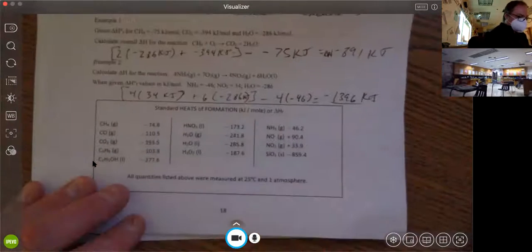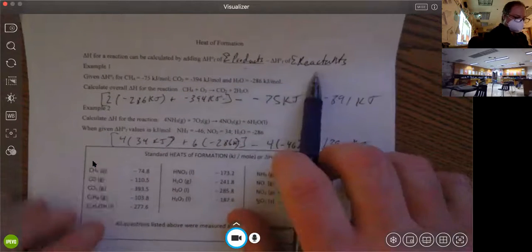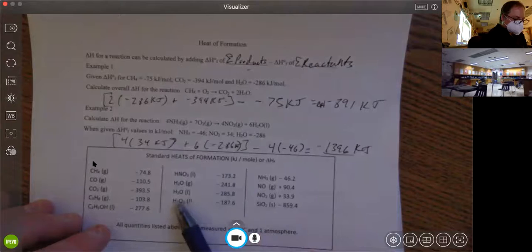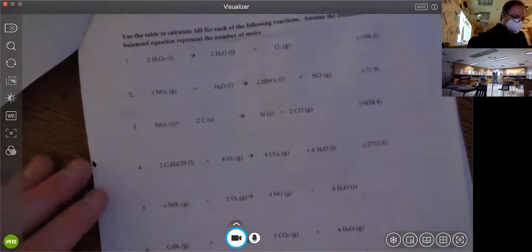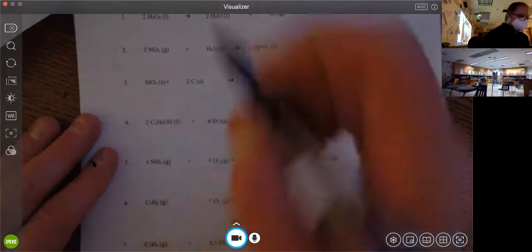Heat of formation. A lot of these, if you recall, go products minus reactants. You need these standard heats of formation. Remember that anything that's in its elemental form will be 0. So if we're doing this problem right here, this would be 0 and this would be 0.